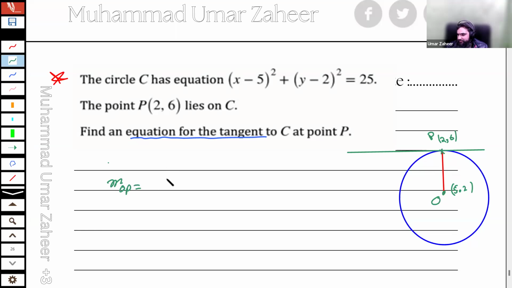That would be equal to (6 minus 2) divided by (2 minus 5), that is y2 minus y1 divided by x2 minus x1. So that will be 4 divided by minus 3.